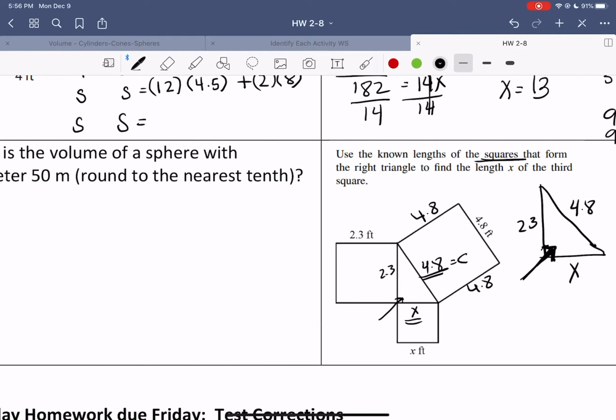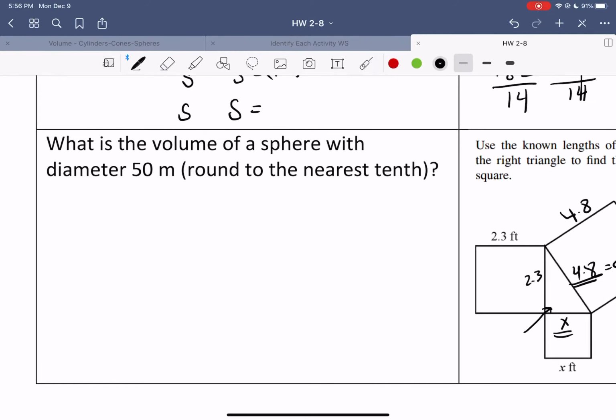All right, last problem. We're looking for the volume of a sphere with a diameter of 50 meters. The formula for the volume of a sphere is 4/3 pi r cubed.